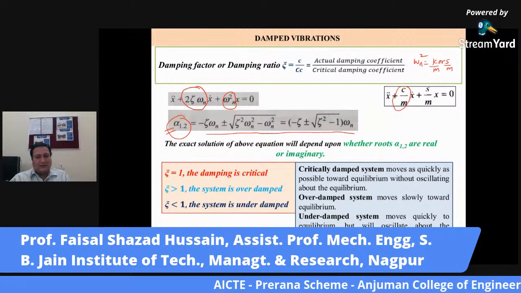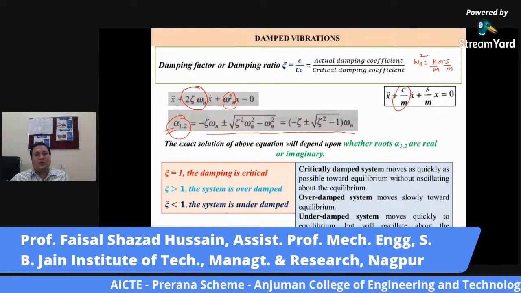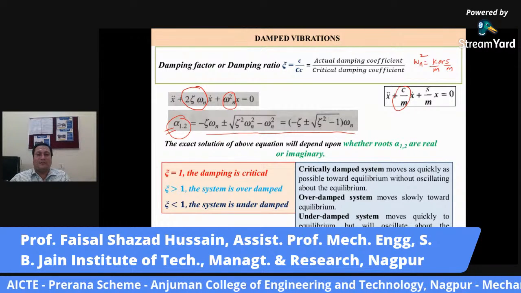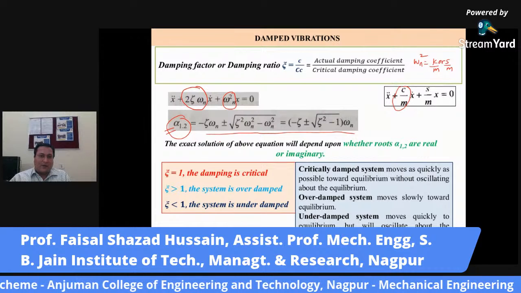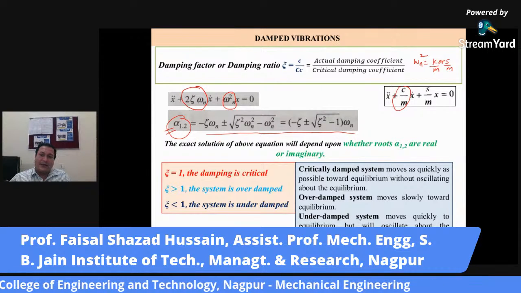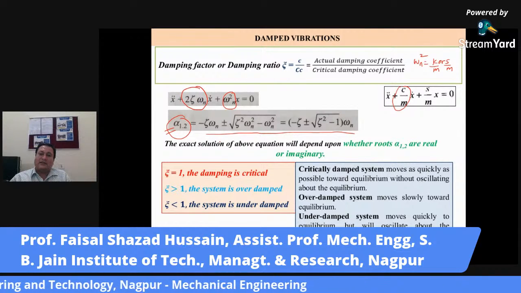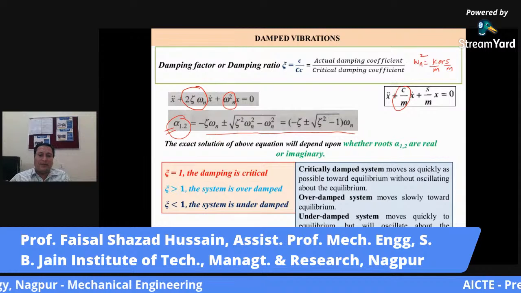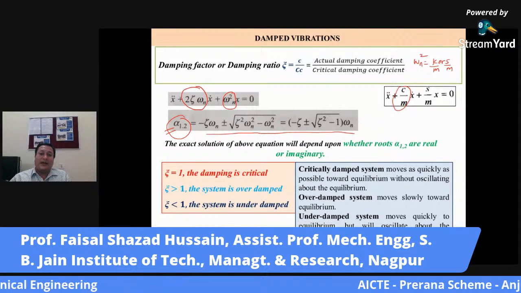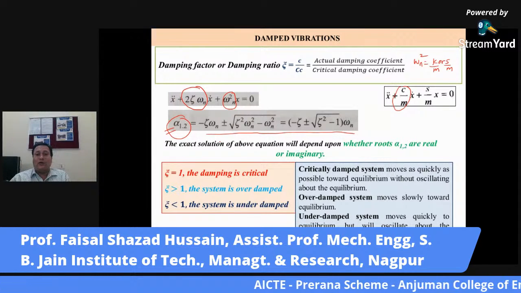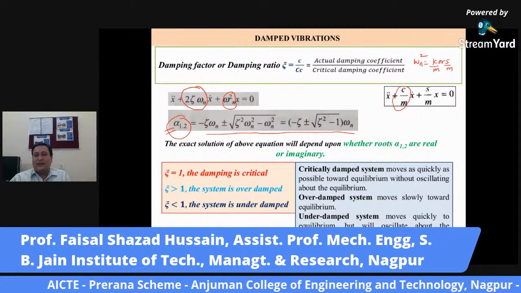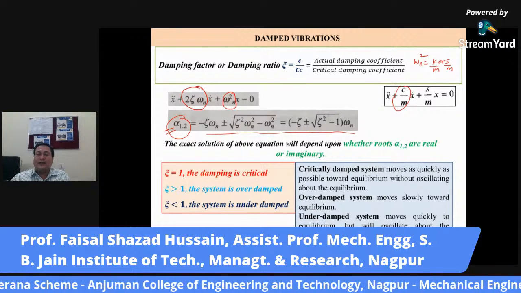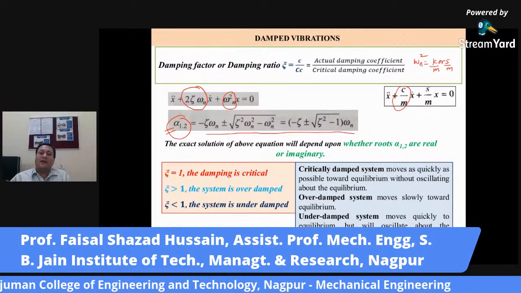In an overdamped system, the system moves slowly towards the equilibrium. And what is an underdamped system? In an underdamped system, the system moves quickly to equilibrium but will oscillate about the equilibrium point or about the mean position. And then slowly the damping will be reduced and the system will come to rest.